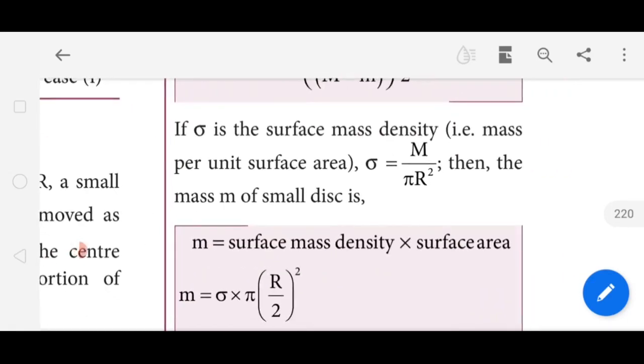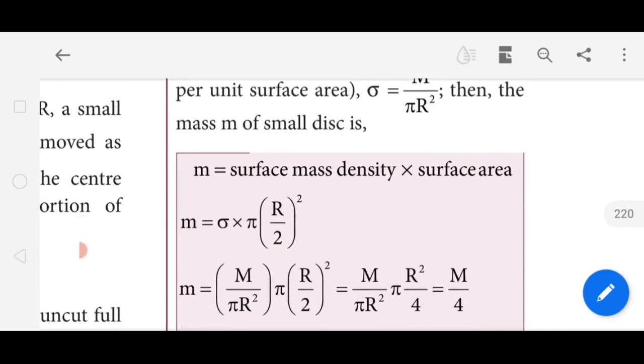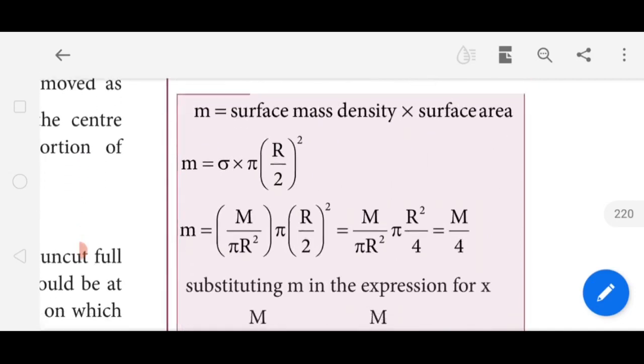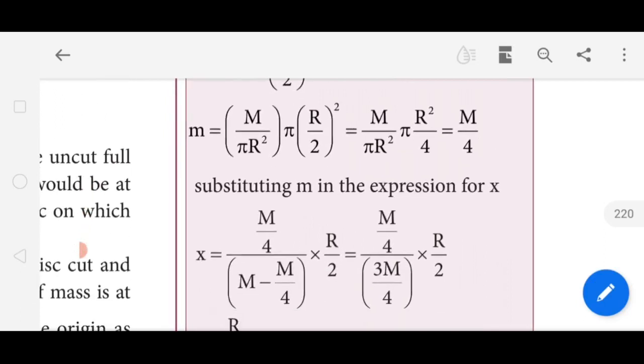So sigma is the surface density, the mass per unit surface area, sigma is equal to M by pi r square. Then the small disk of mass m we have taken, so m is equal to surface mass density into surface area, so m is equal to sigma into pi (r by 2) square. So M by pi r square into pi (r by 2) whole square.